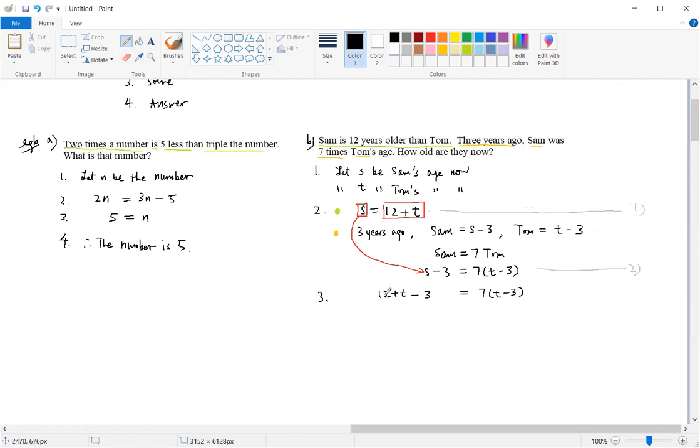So you see, when we do substitution, we make it into 1 equation, 1 unknown. Then the rest is all clear. Collect the T on this side, collect the numbers on this side.